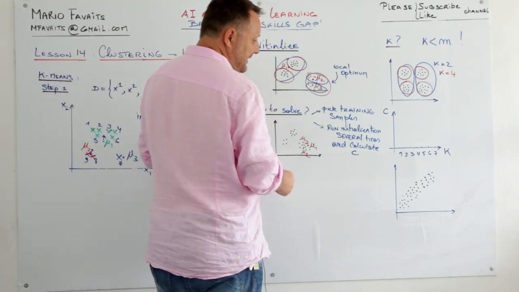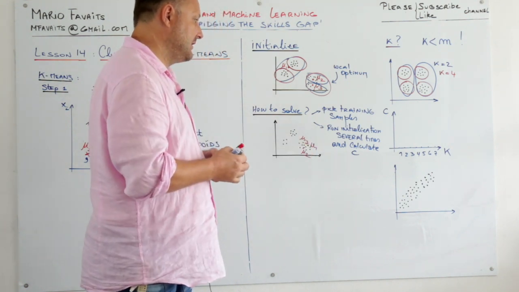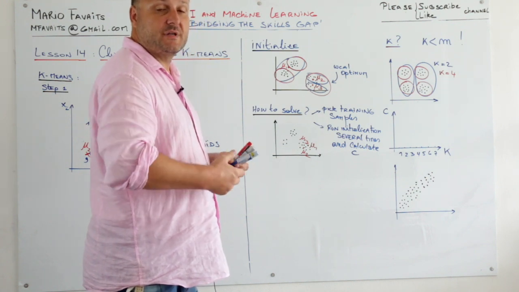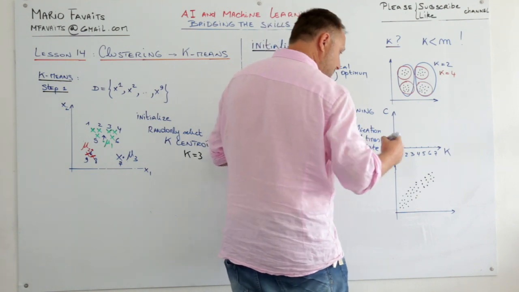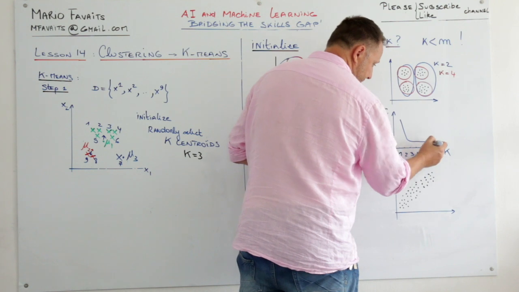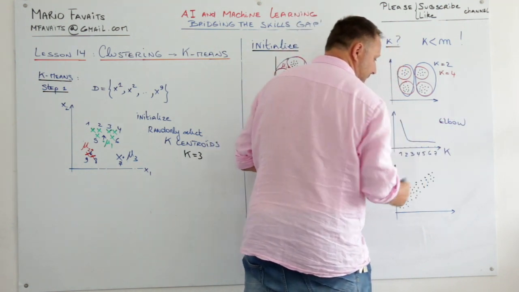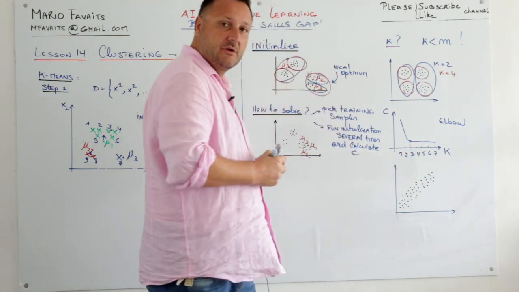Another way, something similar to what we've done here, is you run the algorithm a few times, every time for a different value of k. And typically what you would see theoretically is what we call an elbow curve. So basically here is probably the optimum point.